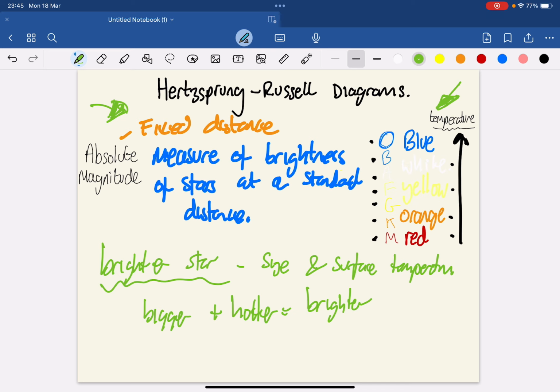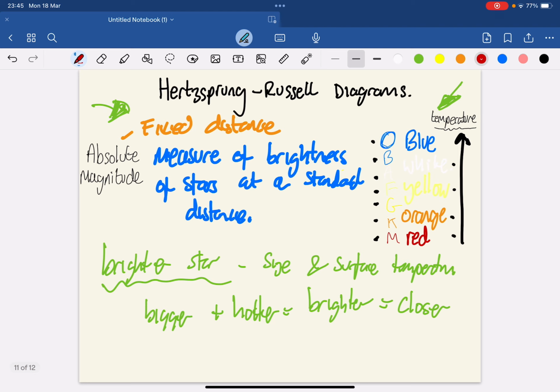But also, the brighter it is, the closer it's going to be as well. But this is the contradictory bit: when we refer back to the absolute magnitude, even though it's closer, it's going to have a lower absolute magnitude.